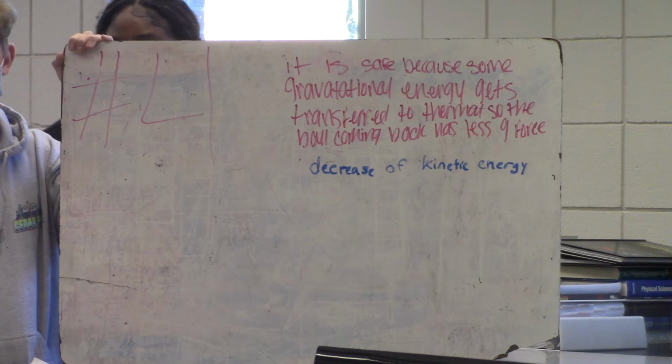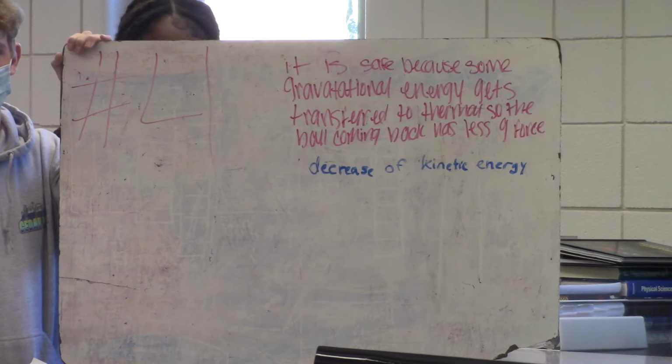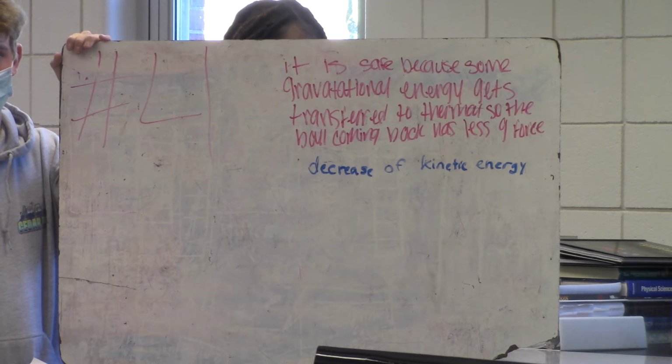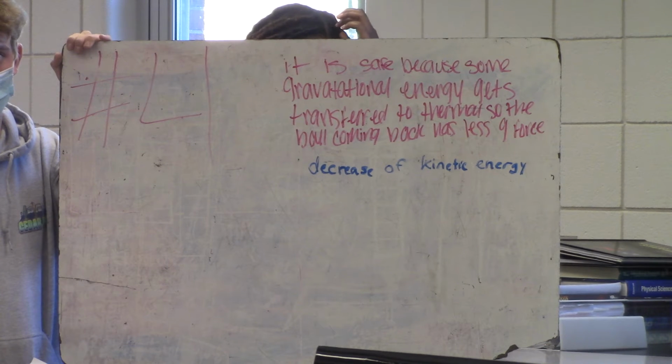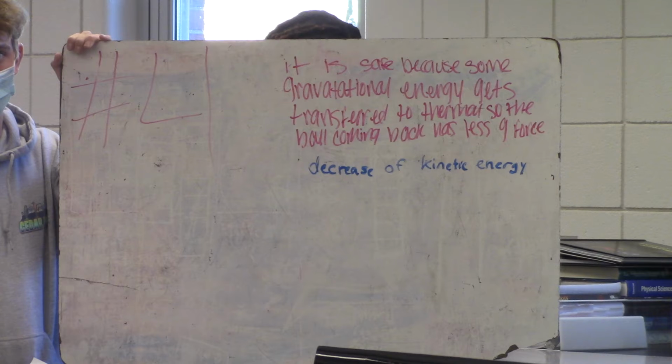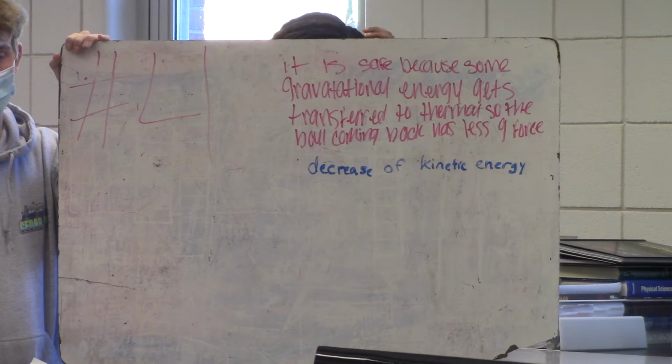So what that means is that energy has left the system, right? So when you release it from here, it's all gravitational energy. Then when it gets back, it's again all gravitational energy, but minus the energy that was released to thermal. Does that make sense? So if you have less gravitational energy, what's that going to say about the height?